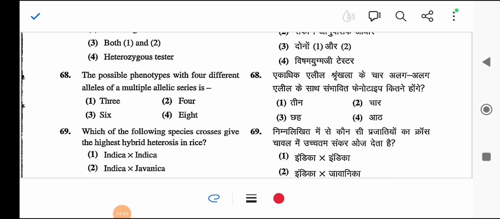Next is, the possible phenotypes with 4 different alleles of a multiple allelic series. When there are 4 different alleles of a multiple allelic series, then what will be the possible phenotype? Phenotype will be 4. Genotype can be multiple, but phenotype can be 4.